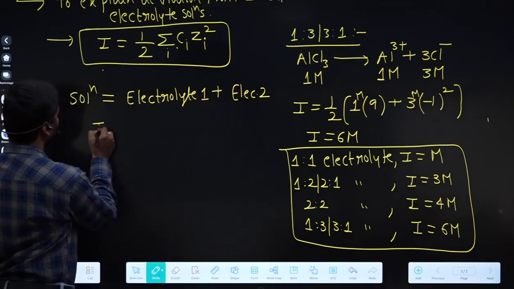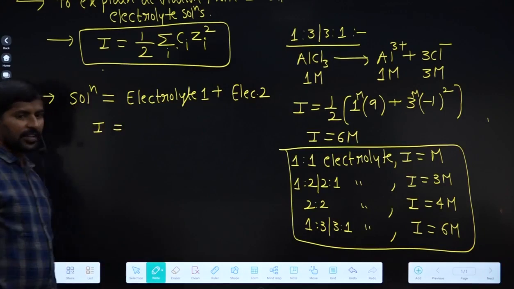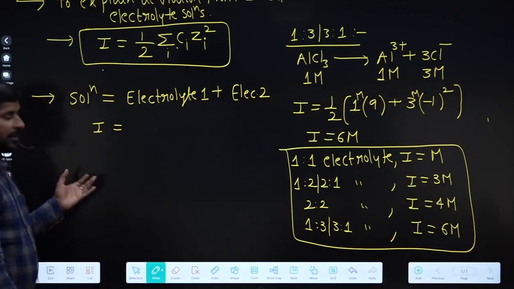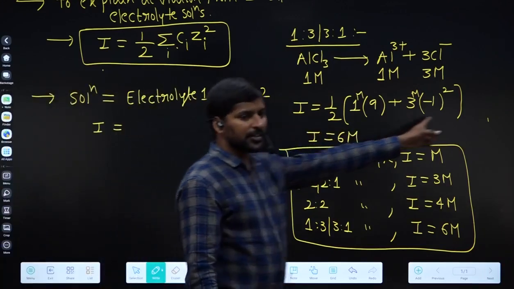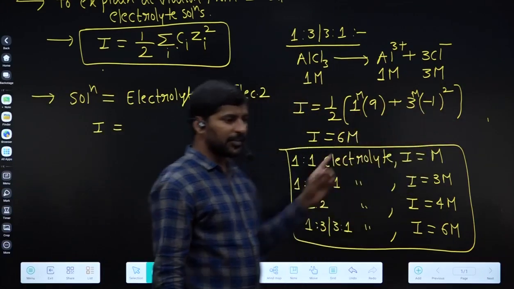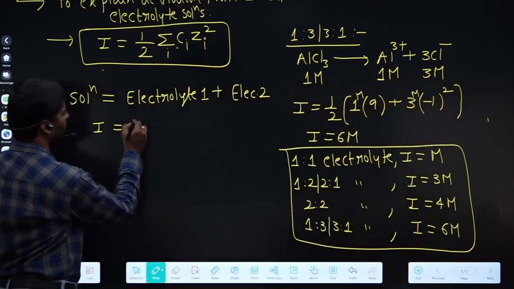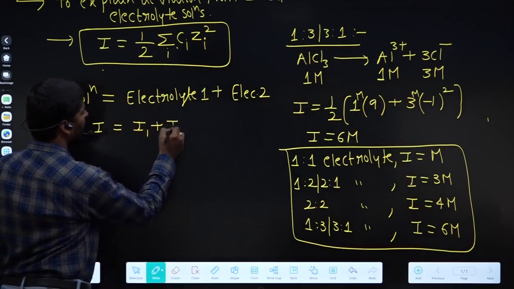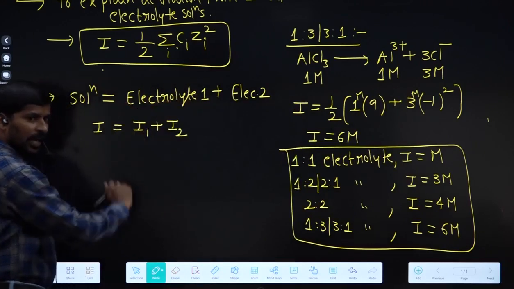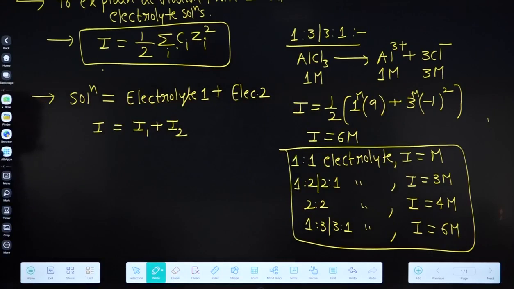Then what is the ionic strength of the resultant solution? Simply summation only we have. So the resultant solution ionic strength is nothing but the ionic strength of the first electrolyte plus the ionic strength of the second electrolyte. That is I is equal to I1 plus I2.